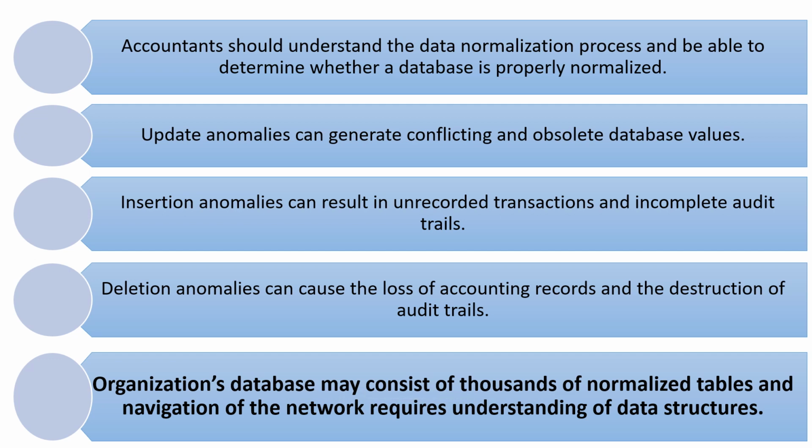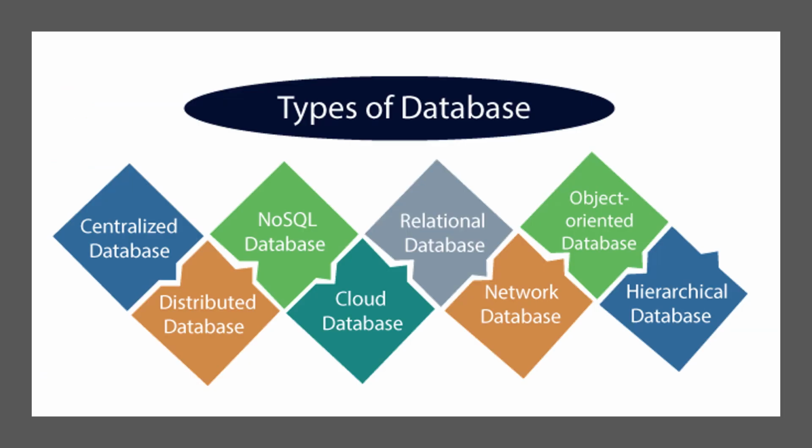An organization's database may consist of thousands of normalized databases, and navigating the network requires an understanding of data structures. Here are the broad types of database. We have centralized database, distributed database, cloud database, NoSQL database, relational database, network database, hierarchical database, and object-oriented database. What we will focus on now are the centralized database and the distributed database, just to explain their function.